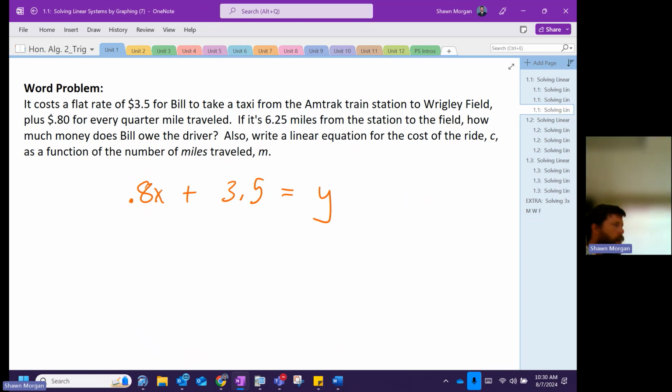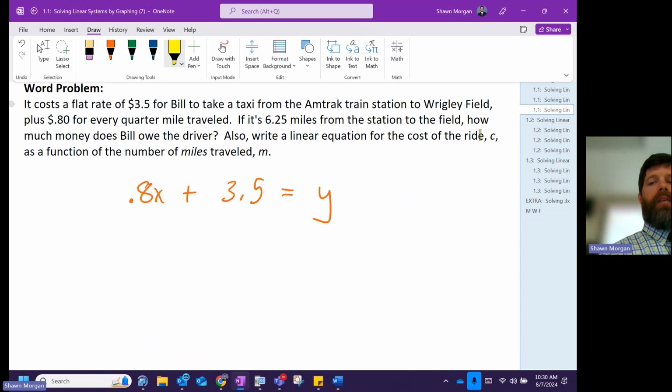Why are we using x and y? The flat rate is 2.5, so that'd be like the y-intercept, and 0.80 per quarter mile is the slope. All right. So I know what you mean because I'm a math teacher.